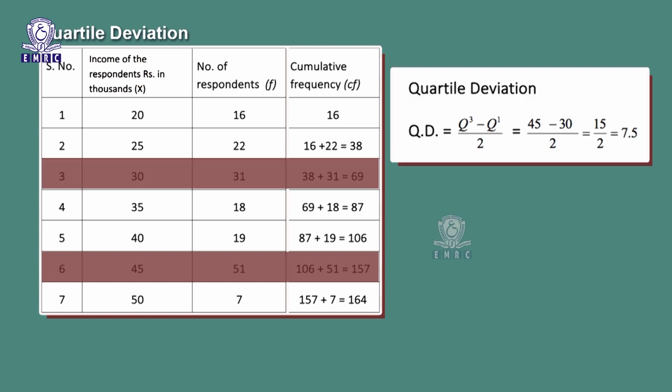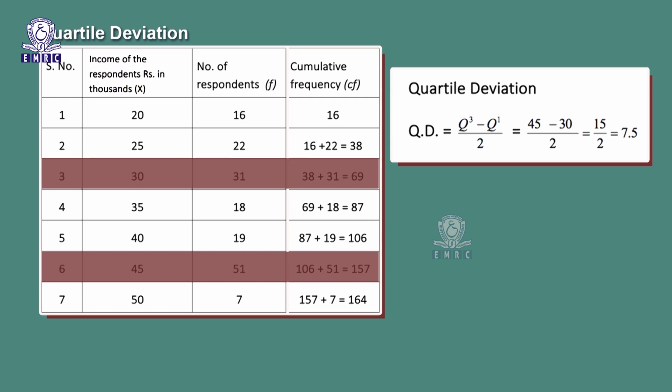So, now our duty is to calculate the quartile deviation. The formula to calculate the quartile deviation is QD is equal to (Q3 minus Q1) divided by 2, that is equal to (45 minus 30) divided by 2, that is equal to 15 divided by 2, which is equal to 7.5.